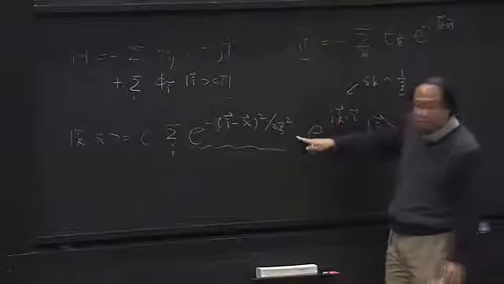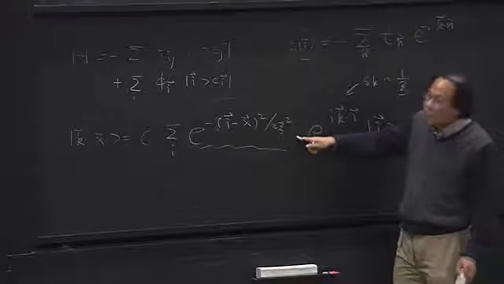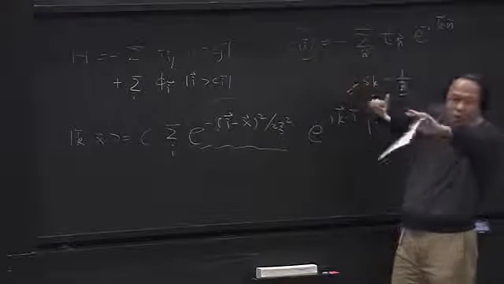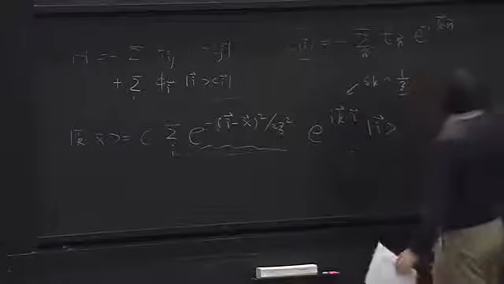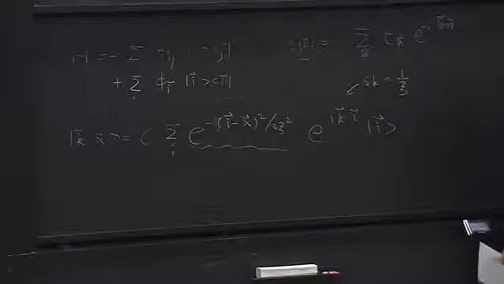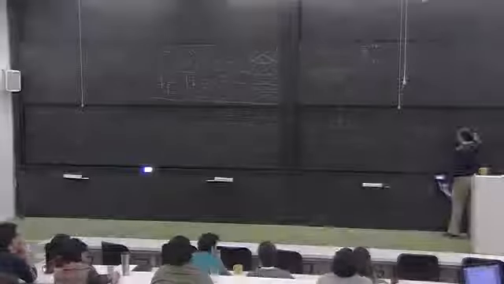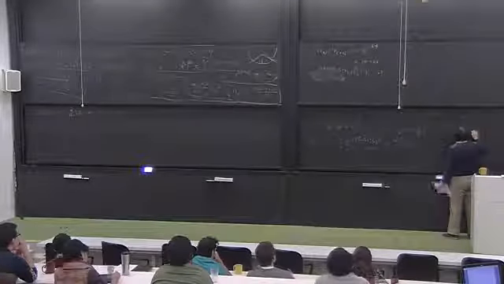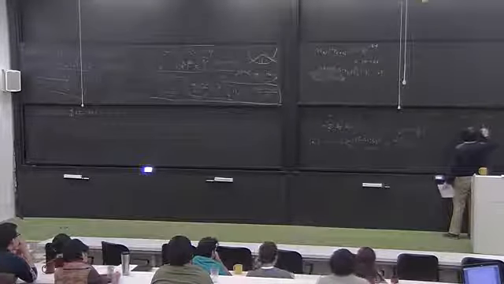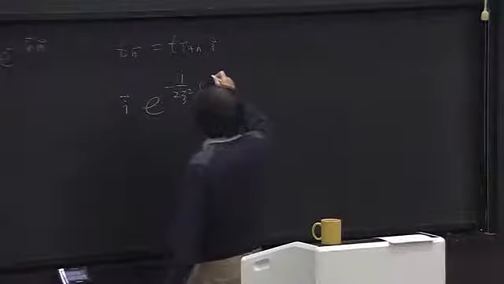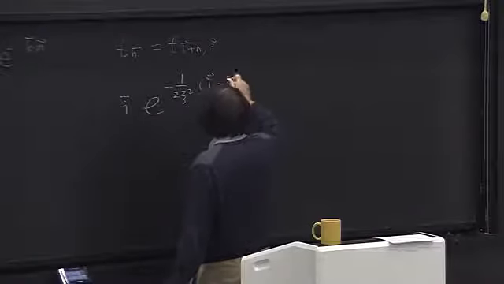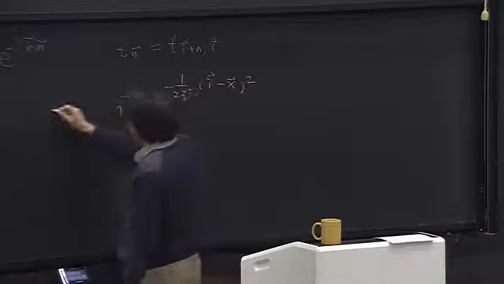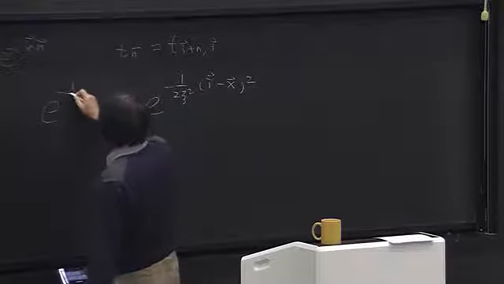And when you consider this overlap, you get something like I, but then you have the wave function, e to the minus 1/2 kc squared, I minus x squared, and another part, a Gaussian on the site.